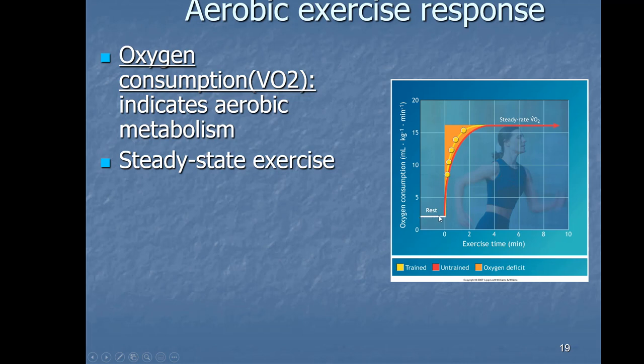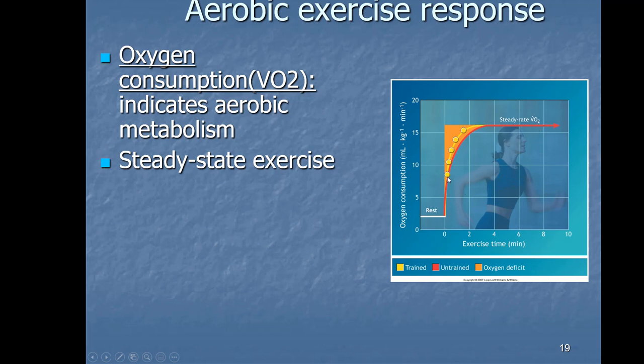It's rest, it's stable at rest, it's low. Obviously it's not zero because we're alive. You start exercising, let's say steady state exercise, you're just jogging on a treadmill at 5 miles an hour. If you follow this red line, it increases, so oxygen consumption goes up during exercise, and then it's going to plateau at whatever intensity you're working at.